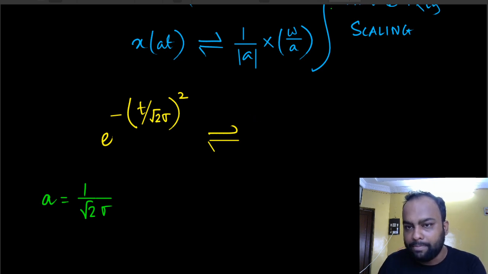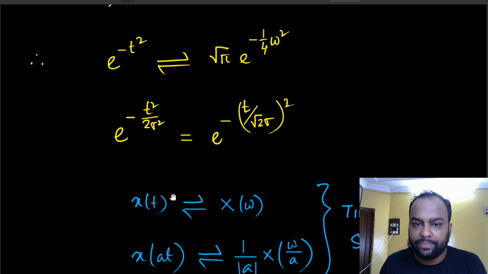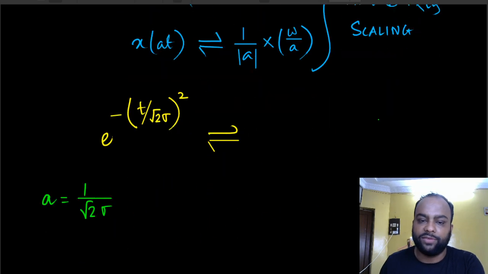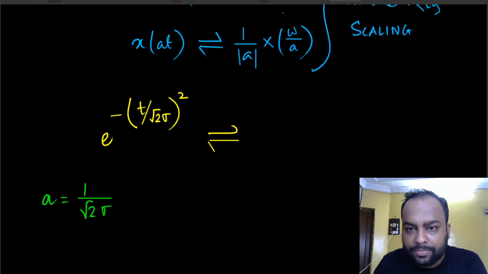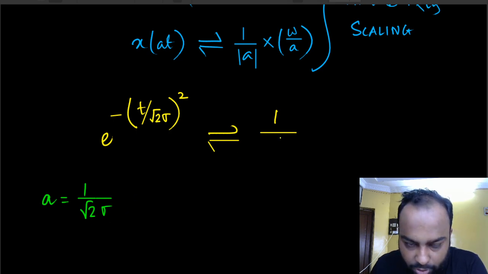So I have 1 by mod A. Just for this particular example, let's say sigma is a positive quantity. So mod A would be 1 by root 2 sigma, since sigma is positive, so this gets a positive value.